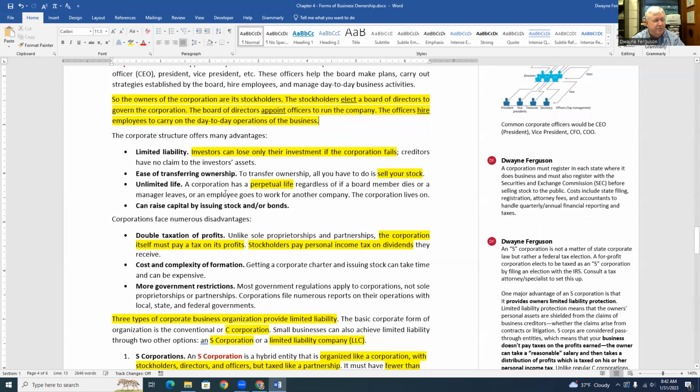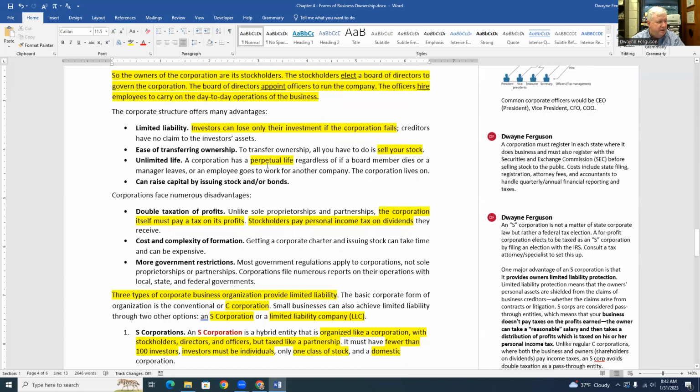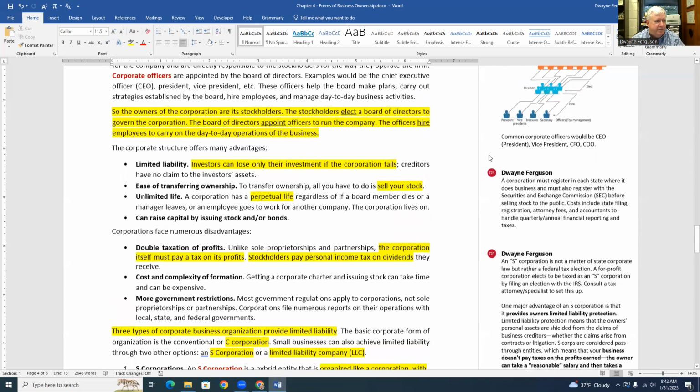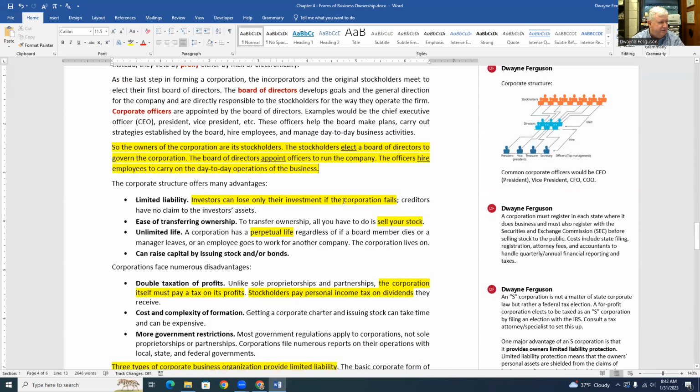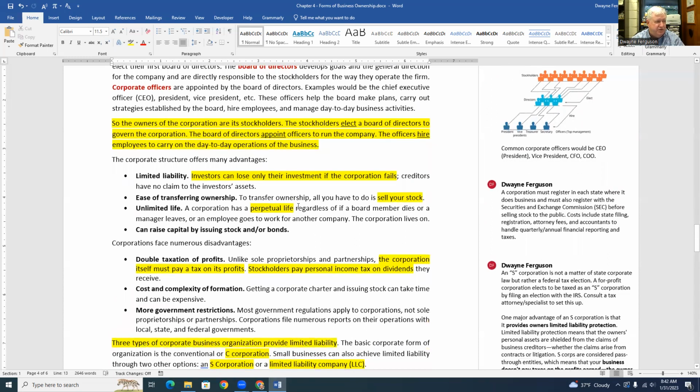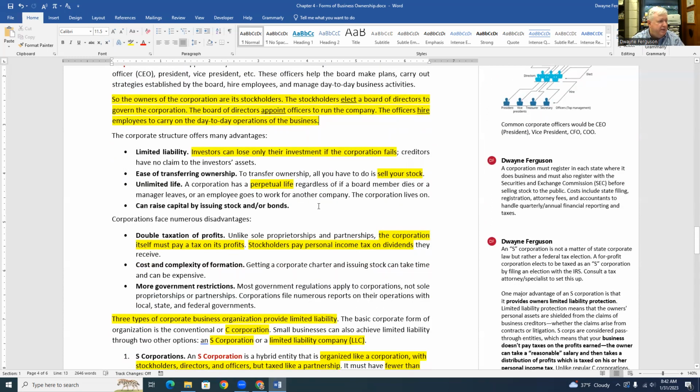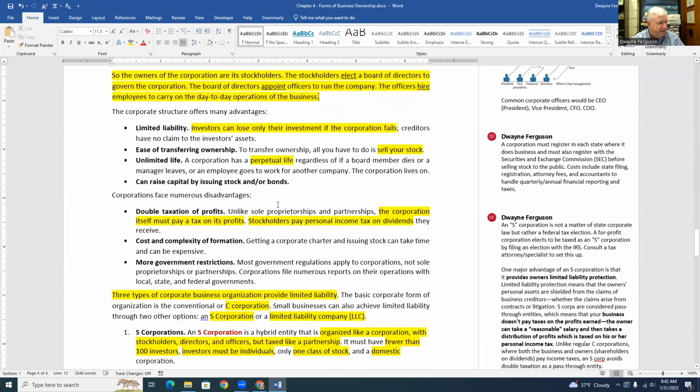If you buy some more tomorrow, you become even more of an owner in the company. Unlimited life, it just keeps going. No matter if the president resigns or retires, the corporation just keeps right on going. And they can issue more stock and they can issue bonds for whatever projects they're working on.